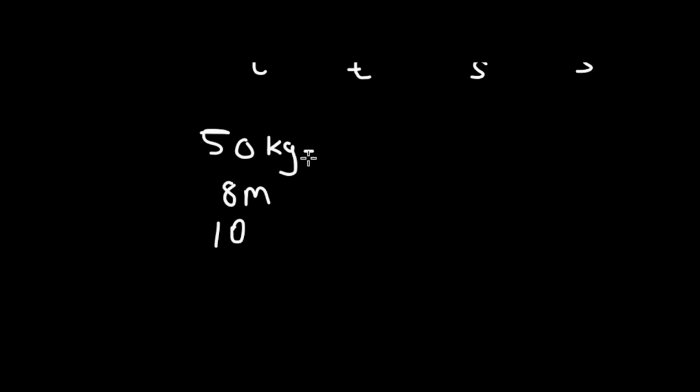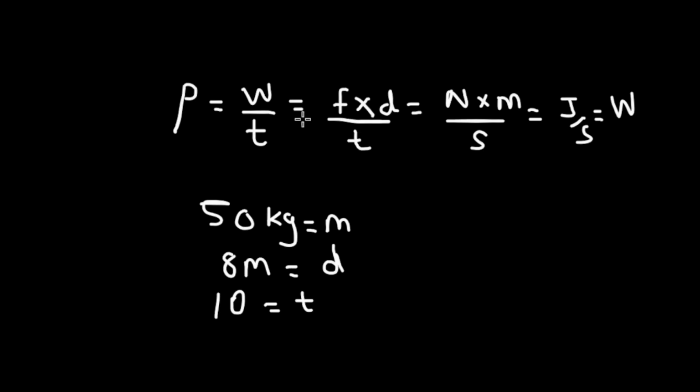So notice that we've got her mass, we've got her distance, which we represent by small letter d, and we also have our time. Power requires us to have force, so we have to convert this mass into a force.